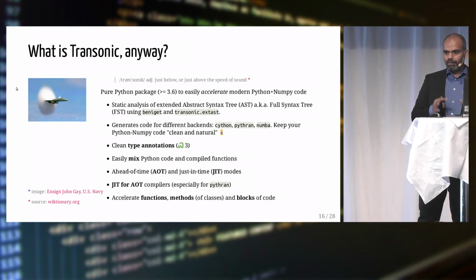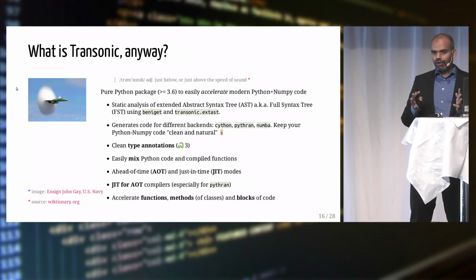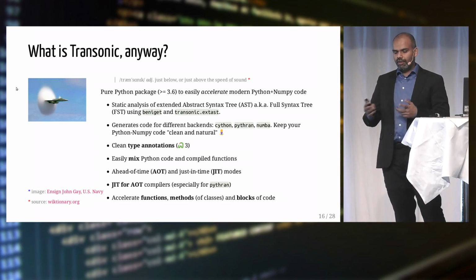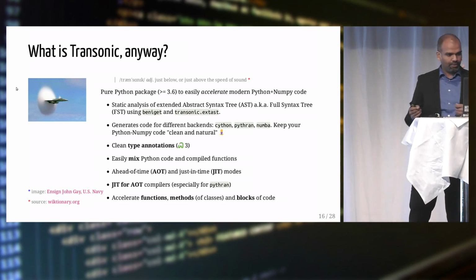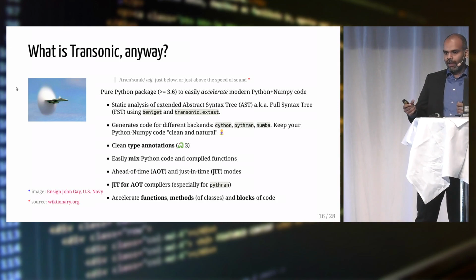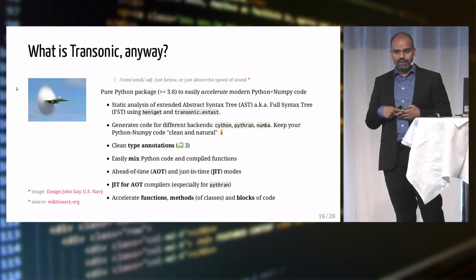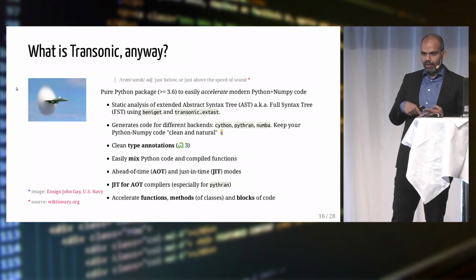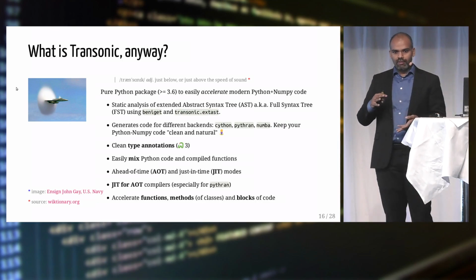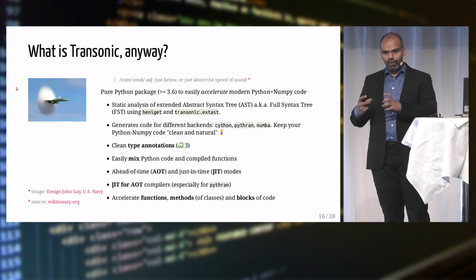Your code is still Python-like, so you're not locked down into using Pythran or any of those. You can always go back and run it in Python to check for correctness. You can easily mix code. So if you remember earlier, I said Cython and Pythran compile at module level, which means that your code starts having modules just to compile small functions.